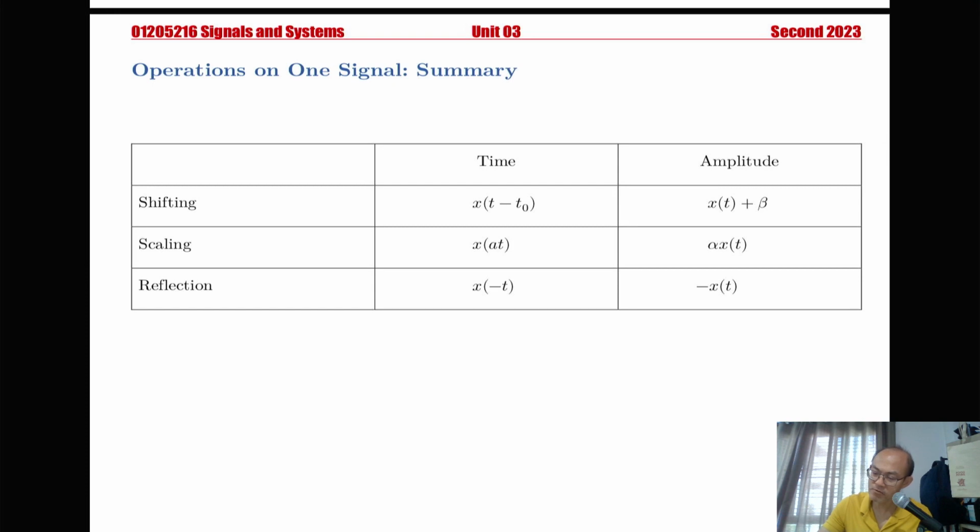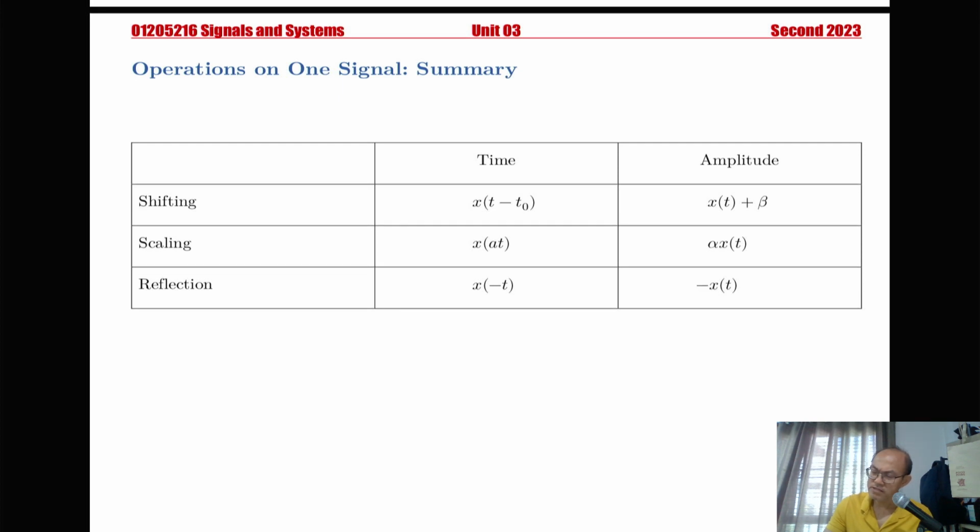So this is the summary table, right? We have three operations: shifting, scaling, and reflection. And we also have shifting in time and shifting in amplitude, scaling in time, scaling in amplitude, and reflection in time and reflection in amplitude. Whether it is a time shift or amplitude shift, we are adding something to something.